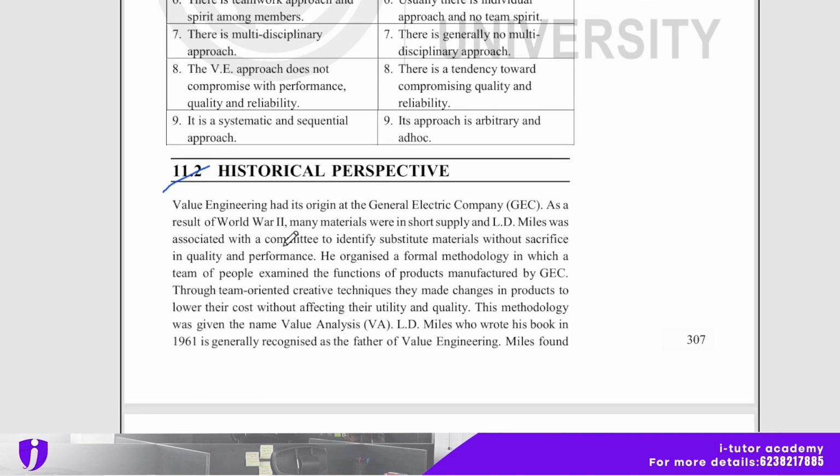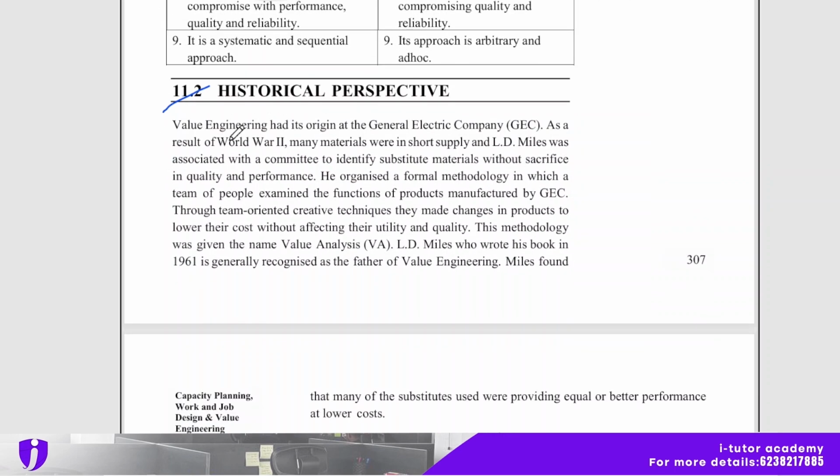And the historical perspective: what is the historical perspective of value engineering? It had its origin at the General Electric Company, that is GEC. As a result of World War II, many materials were in short supply, and LD Miles was associated with its committee to identify substitute materials without sacrifice in quality and performance. He organized a formal methodology in which a team of people examined the function of products manufactured by GEC.